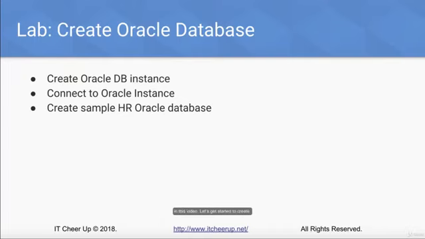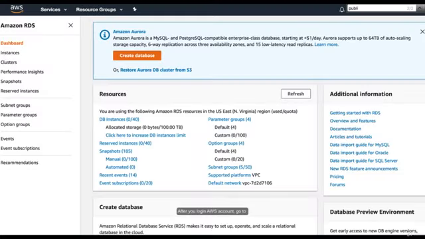Let's get started to create the Oracle database on AWS RDS. After you log in to your AWS account, go to RDS. And in the RDS console, click the Create Database button. Select Oracle.